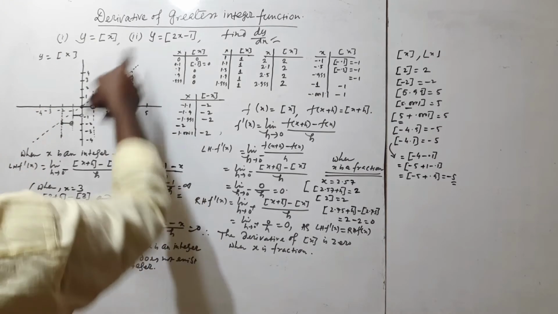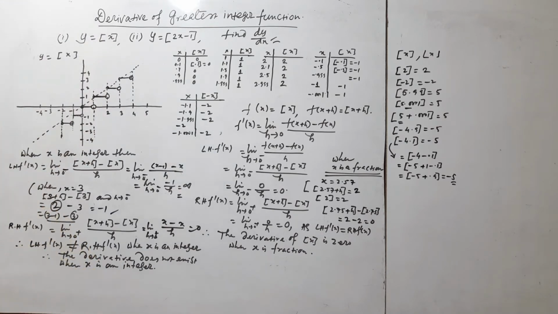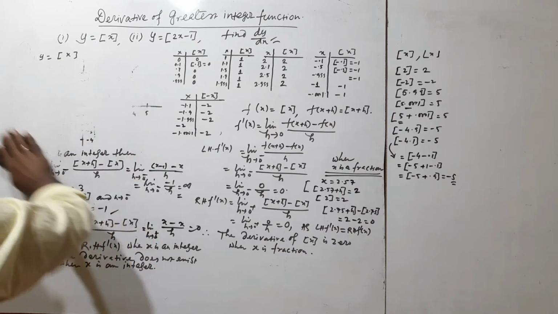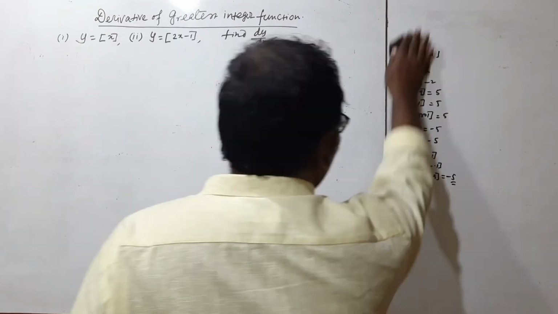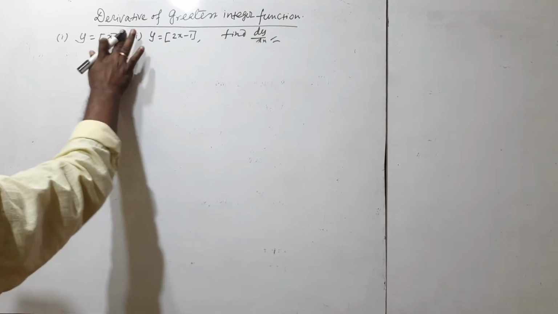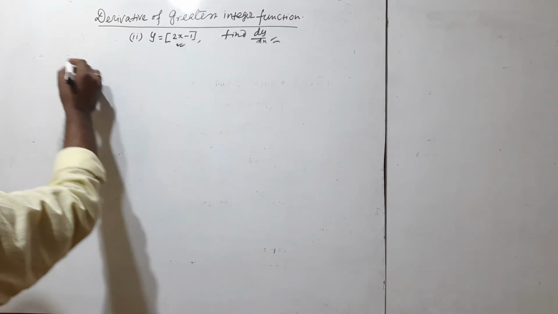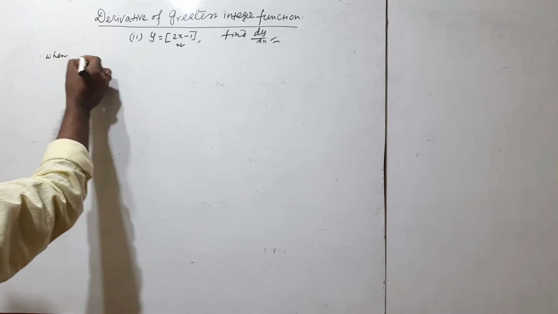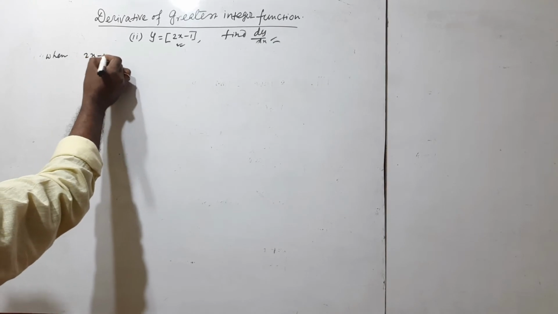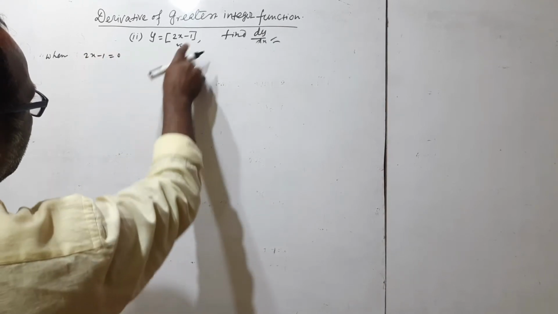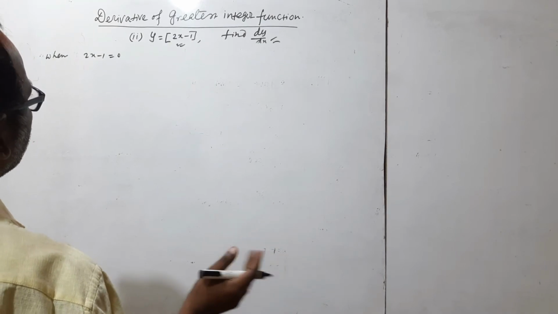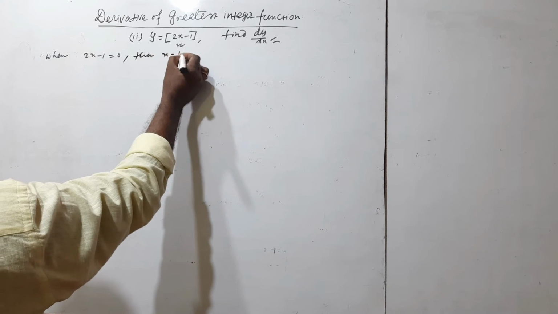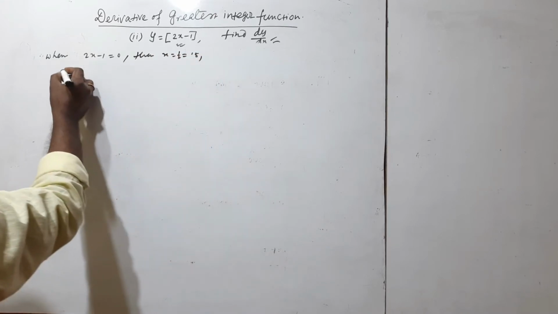Now I am showing this function, the derivative of box of twice x minus 1. So see carefully. For this function, when 2x minus 1, we want to get an integer. So if this is 0, then we get an integer, and x is equal to half, that is 0.5.